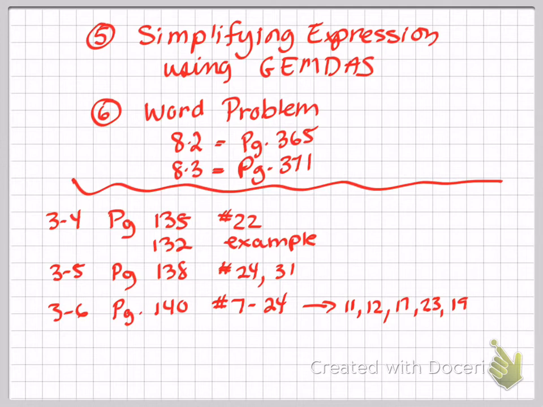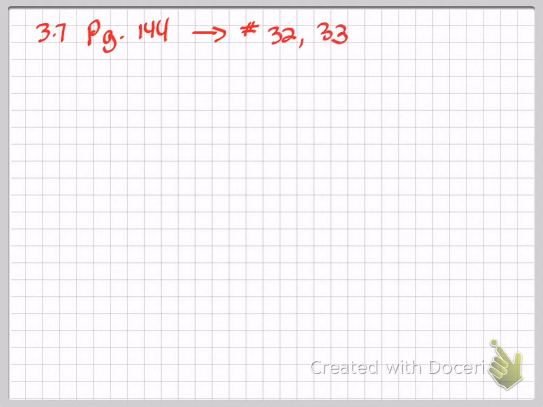Okay, now the next page is 144. What section is that? That's 3-7. What kind of problems is that? Transforming formulas. So I said like number 32 and 33.